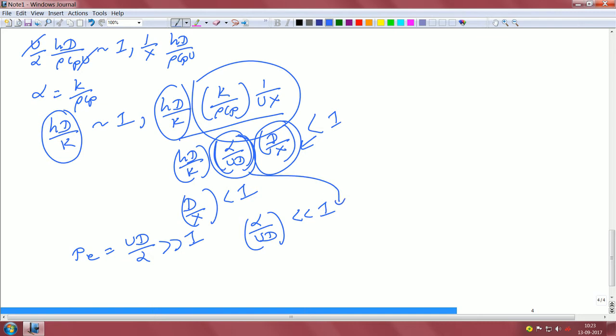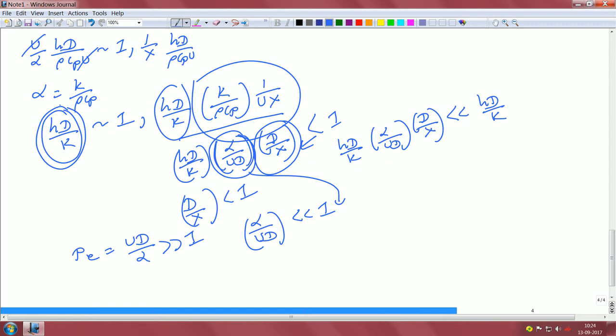In that case, this entire term h d by k into alpha by u d into d by x will be much less than h d by k, which is the term on the left hand side.